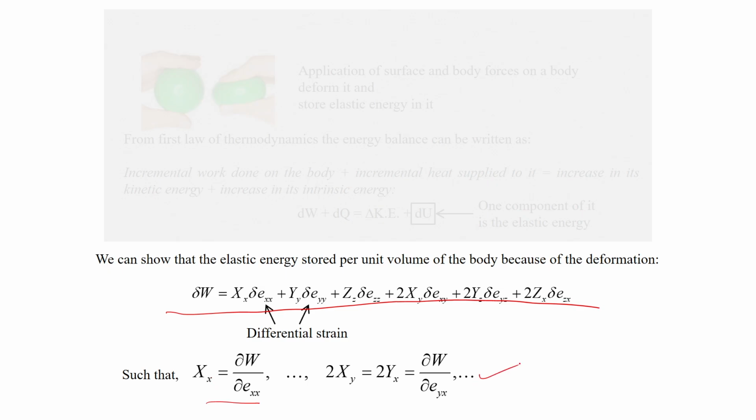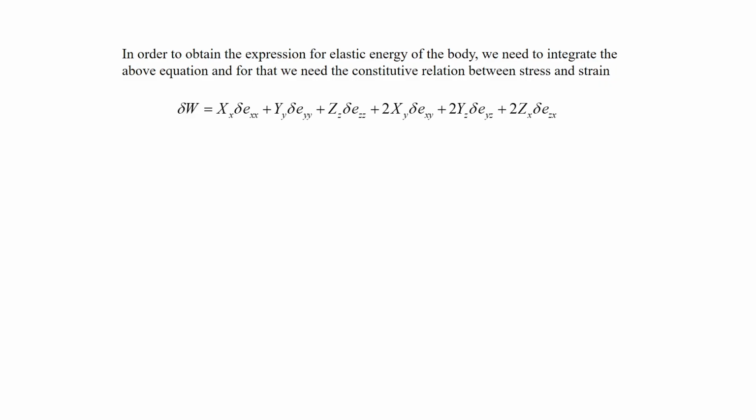So, we need to integrate these equations to obtain the elastic energy in the whole body, and in order to do that integration, we need a relation between XX and EXX. So, the stress-strain relation, that is, we want the constitutive equation.